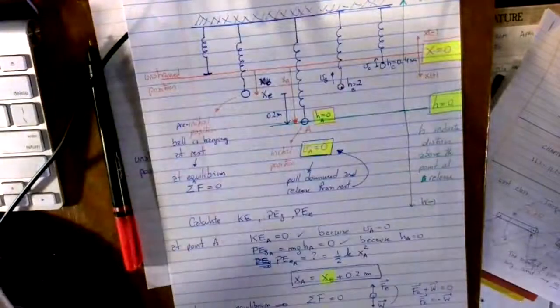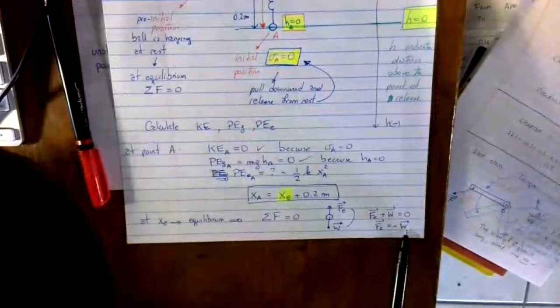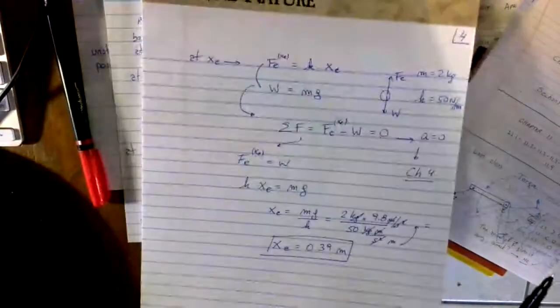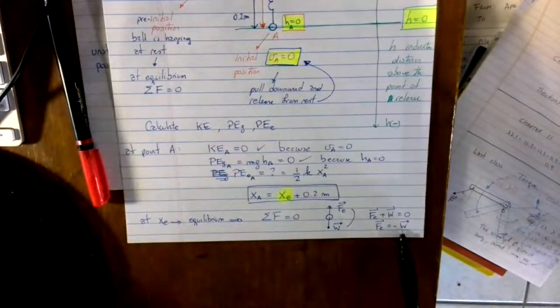There was a question there. Why did I say before that F is equal to minus W, and then in this equation I got F equal to W? Be careful here, because this is a vector.